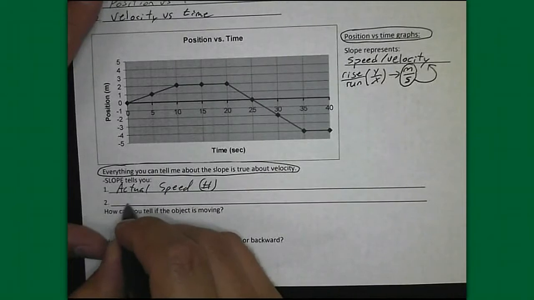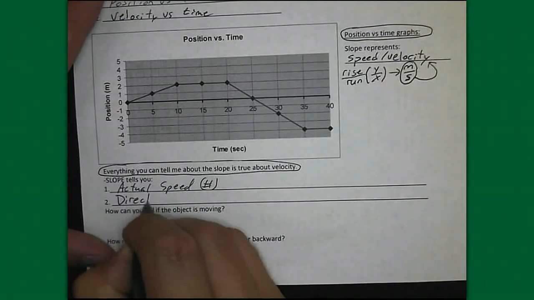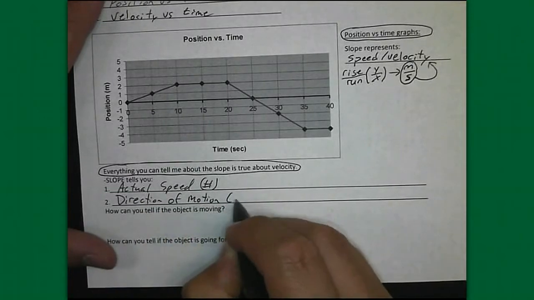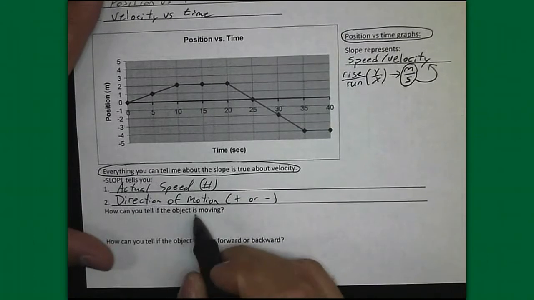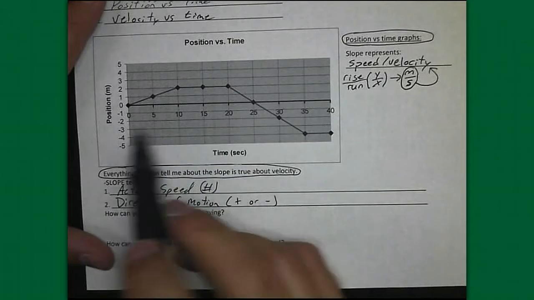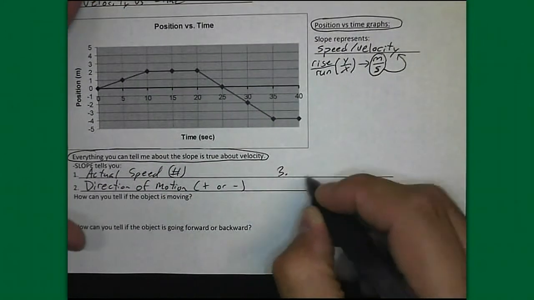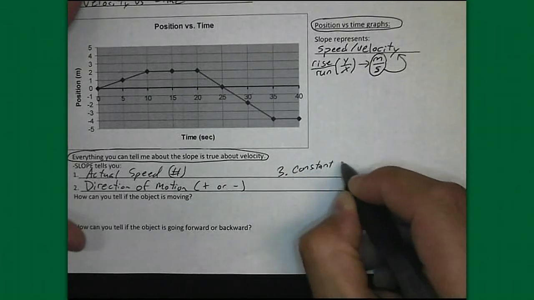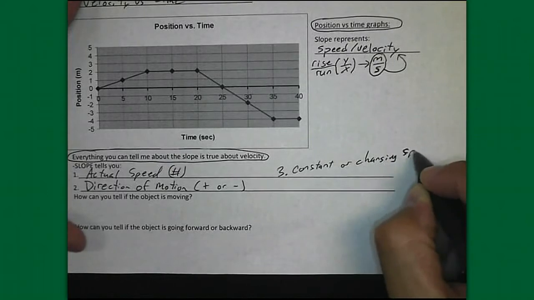The second thing that the slope can tell me is the direction of motion, whether that's positive or negative. I can look at the slope of the line and decide whether the slope is positive or negative. The third thing that I can tell about the slope is whether it is constant or changing speed.